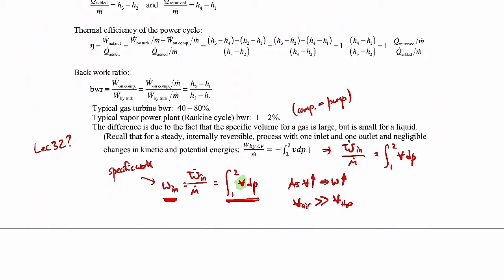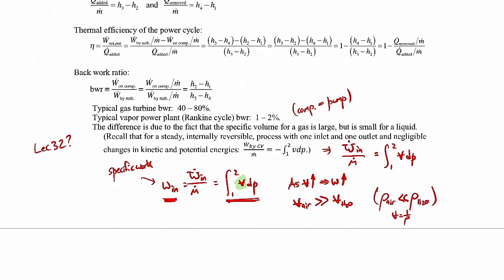Another way to think about it is in terms of densities. The density of air is about 1,000 times less than the density of liquid water. And remember that specific volume is just 1 over the density. With that in mind, you can see that the specific work for the Brayton cycle, which uses air, is going to be a lot larger than the specific work for the Rankine cycle, which uses liquid water.